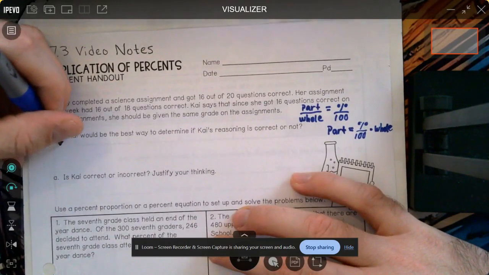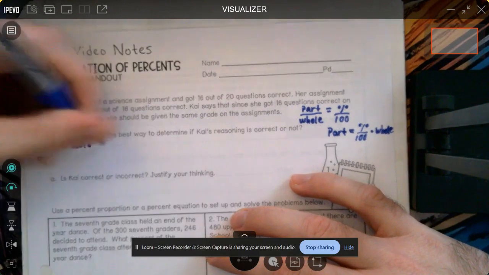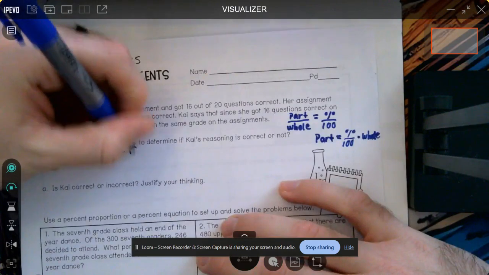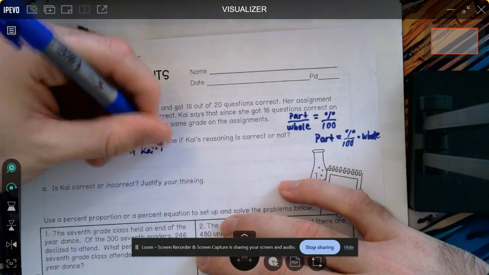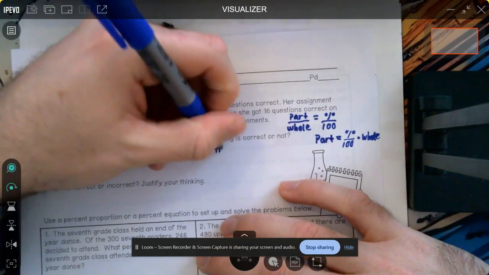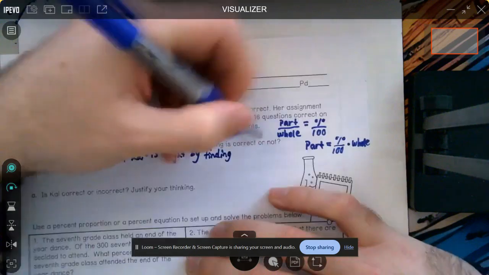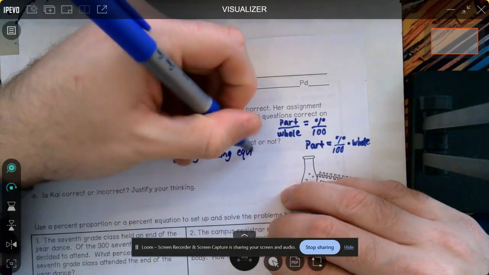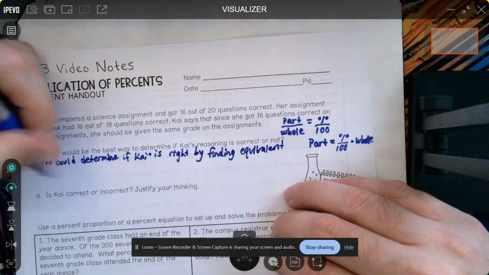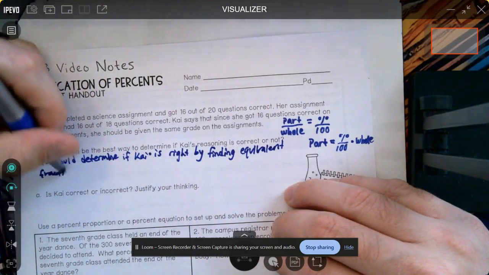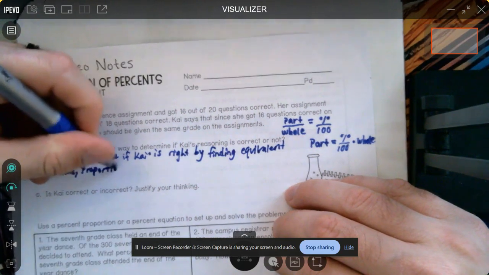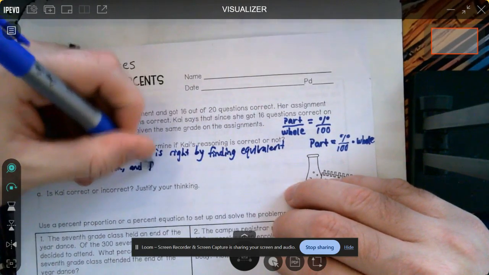So you could determine if Kai is right by finding equivalent fractions, proportion, and percent.